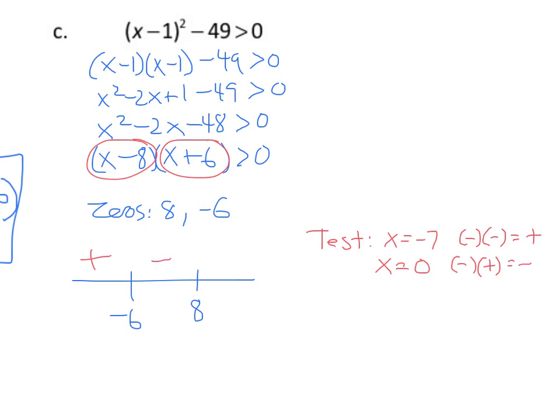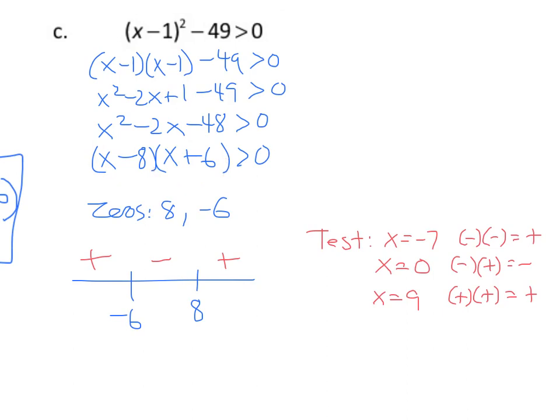And so we get negative in that middle region. And then next I'm going to test a number greater than 8, like 9. And when I plug 9 into x minus 8, I get a positive, and 9 plugged into x plus 6 is also positive. Positive times positive is positive. So we get positive in that region.